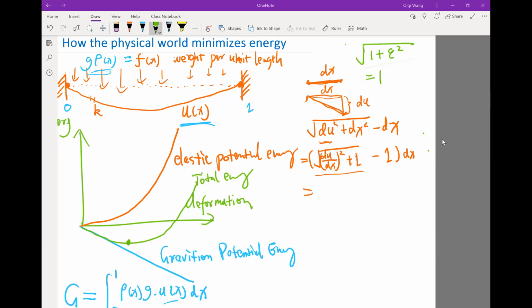The square root gives you a half, and the square gives you a 2, so they cancel, and you end up with plus epsilon, plus O of epsilon squared. So this is what you do with Taylor series. Then if you ignore the epsilon squared term, if du/dx is small, what you get is du/dx times dx.